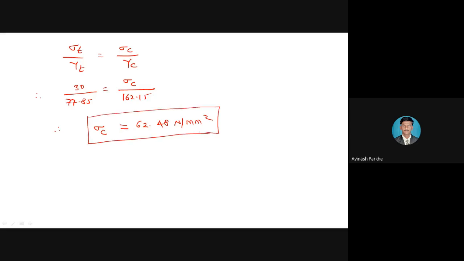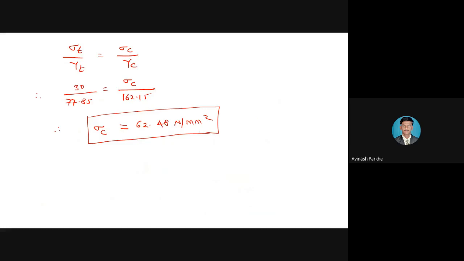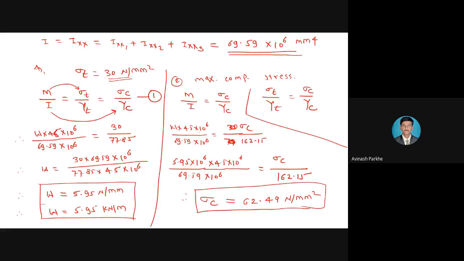You can use any combination for your calculation if the problem is asked based on this. So either you can use M upon I is equal to sigma C upon YC, or you can use sigma T upon YT is equal to sigma C upon YC, because the first equation I have written is M upon I is equal to sigma T upon YT is equal to sigma C upon YC.